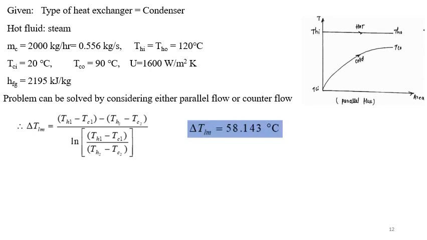All the values are known. THI is equal to TH naught is equal to 120, TCI is 20, TC naught is 90. So substituting all the values, you can calculate delta T LMTD.